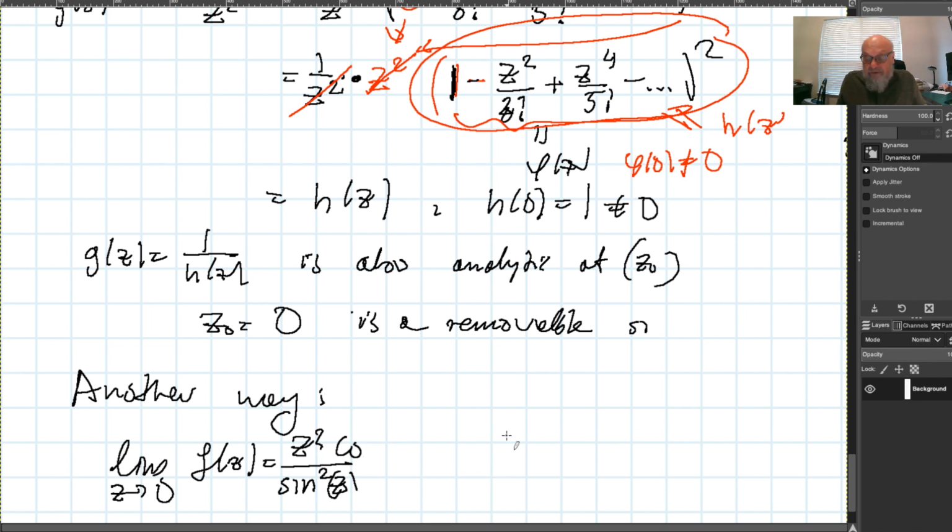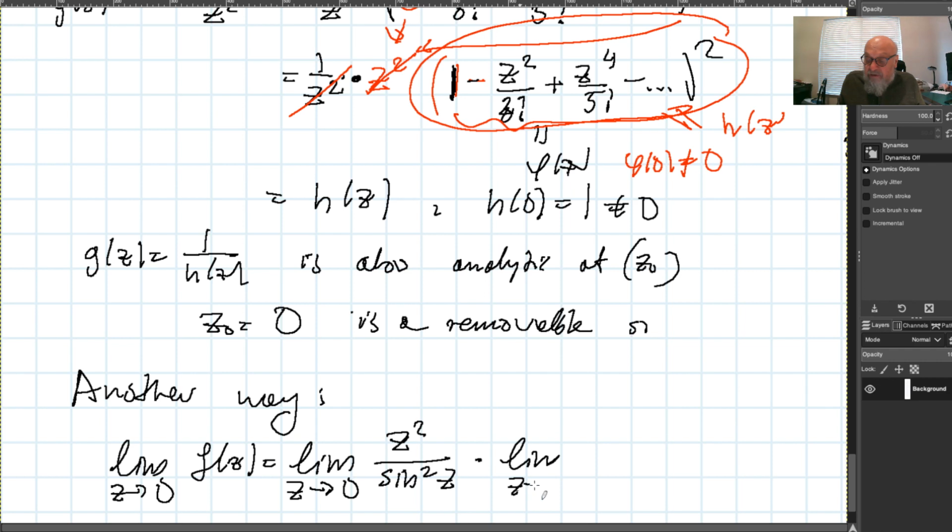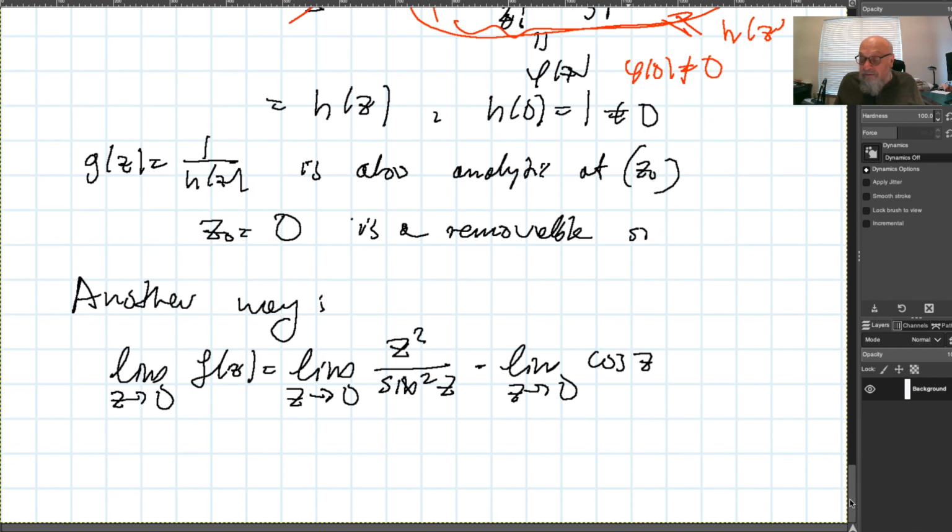Limit as z goes to 0 of z square divided by sine square z times the limit as z goes to 0 of cosine of z.